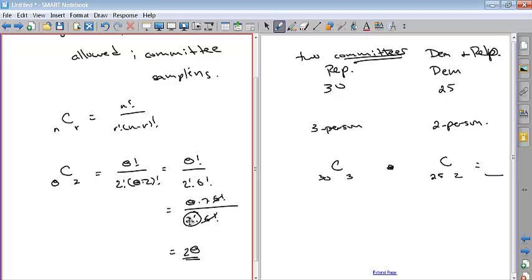So without the 2 factorial, that gives you the number of arrangements where order is important. But if you have 2 things, you can either have A and B, or you can have B and A. When you do this part, that's important, whether you have A first and B second, or B first and A second. Whereas by dividing by that 2, you remove the effect of order on it.